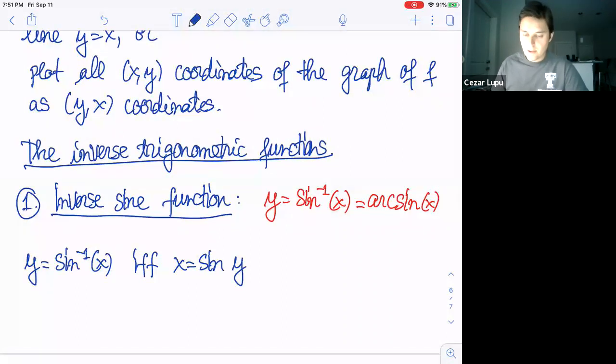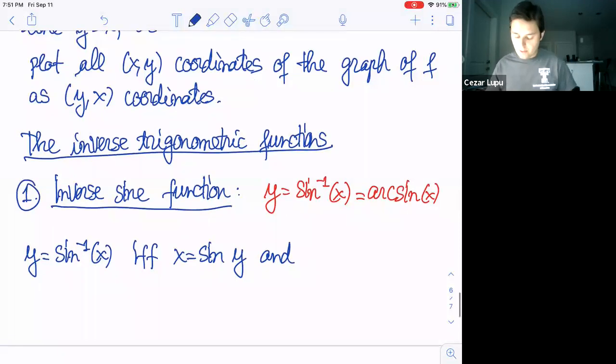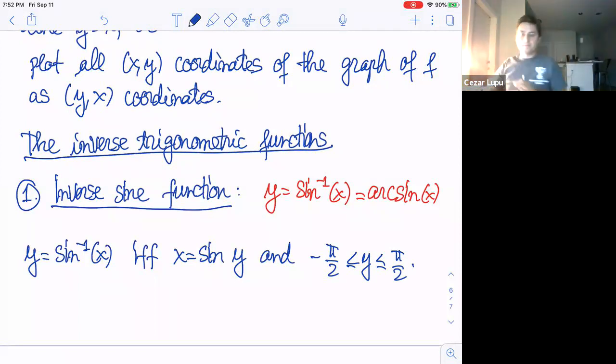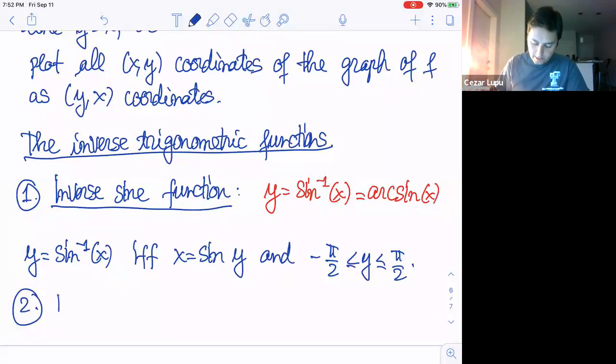We're going to restrict this function so that we can find the inverse, for y between -pi/2 and pi/2, on this closed interval. All right, and now the second function I'd like to talk about is the inverse tangent function.